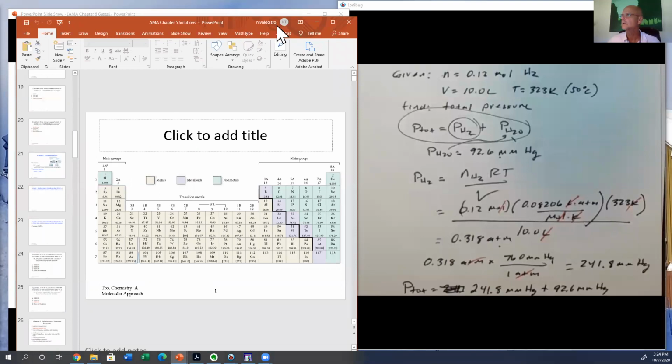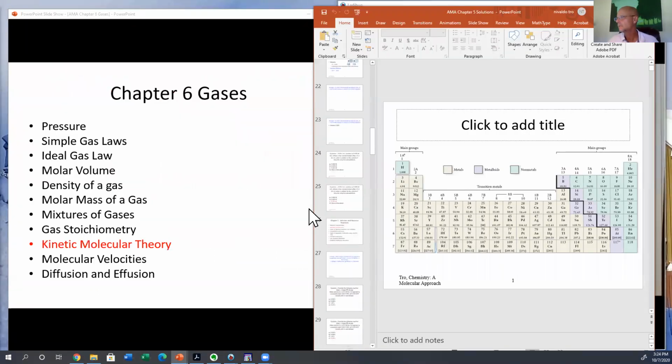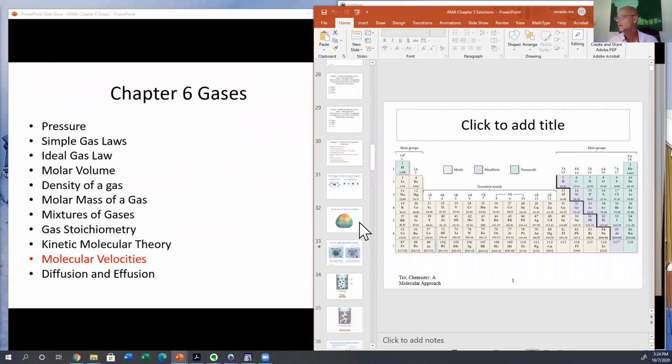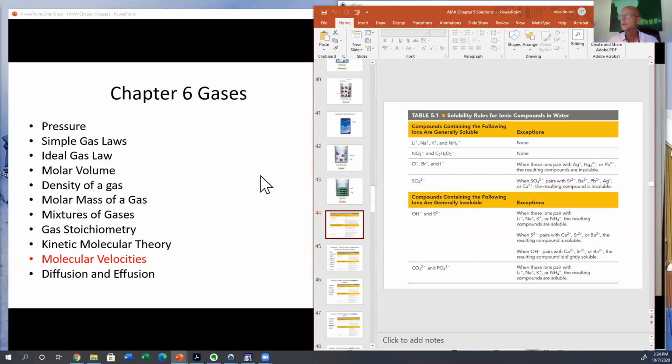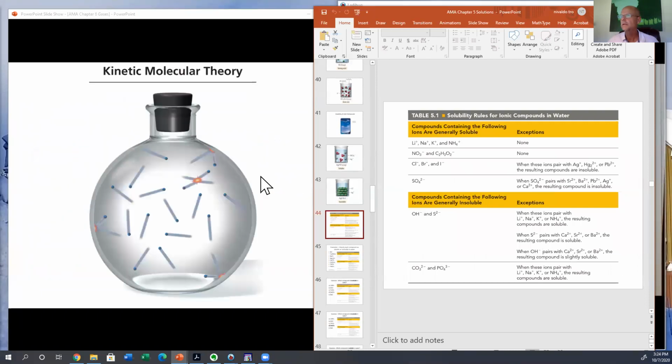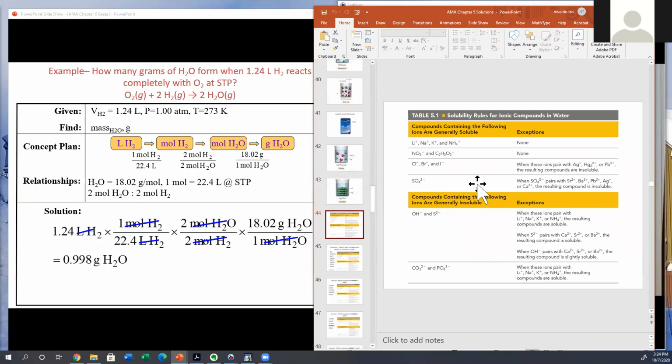Let's see here. Sorry, so what was the compound again? It was sulfide with rubidium? I'll give you the exact problem right now. It was rubidium bromide and calcium sulfide.